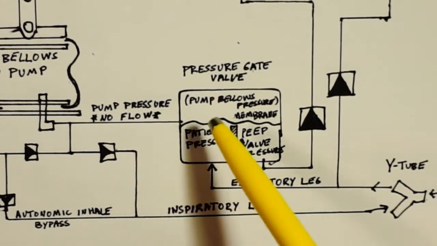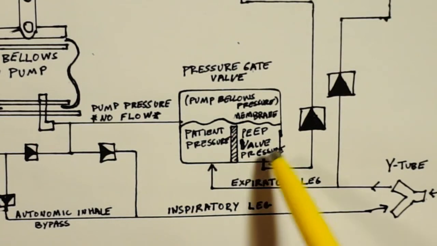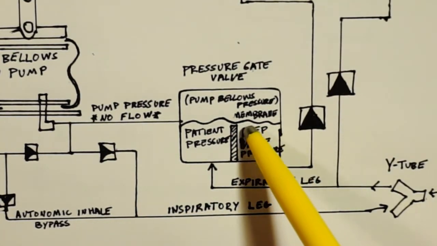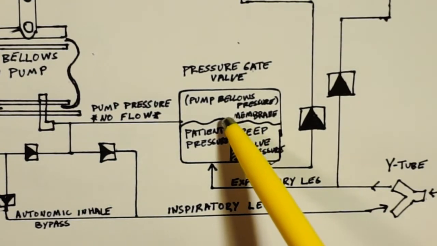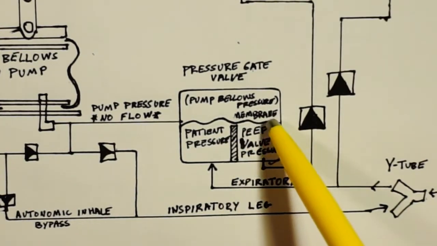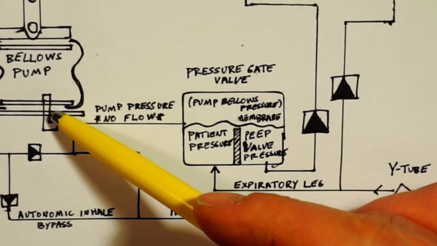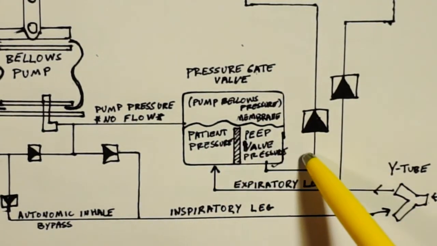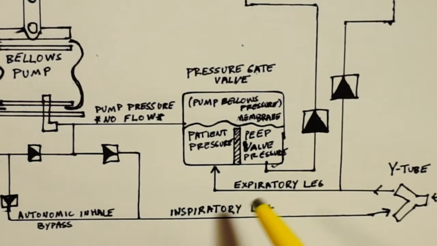However, that's always going to be a higher pressure than maintained in the PEEP valve pressure chamber, thusly sucking this membrane down and sealing the PEEP pressure chamber and PEEP exhaust. So when we push high pressure from the bellows into the patient, it cannot be blown out through the low pressure PEEP exhaust system.